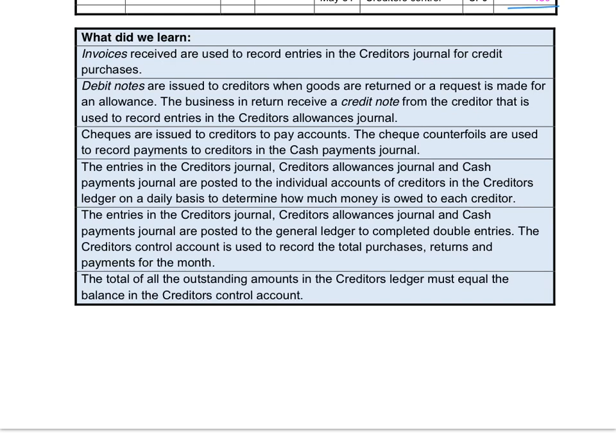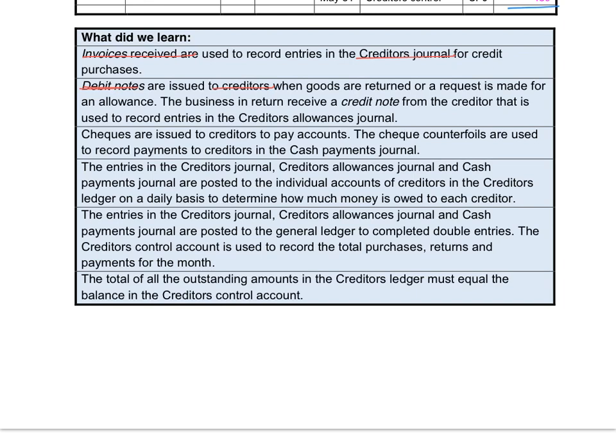What did we learn today? Invoices are received from creditors when we buy goods on credit, and the invoices are used to record the entries in the creditors journal. Debit notes are issued to the creditor when goods are returned or a request is made for an allowance.